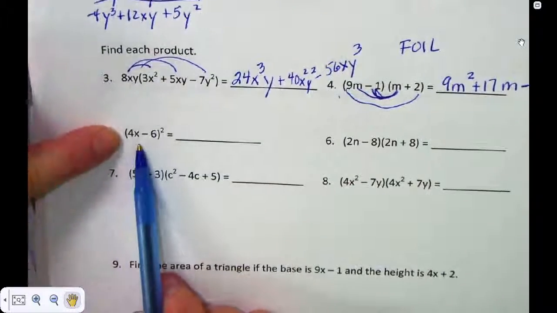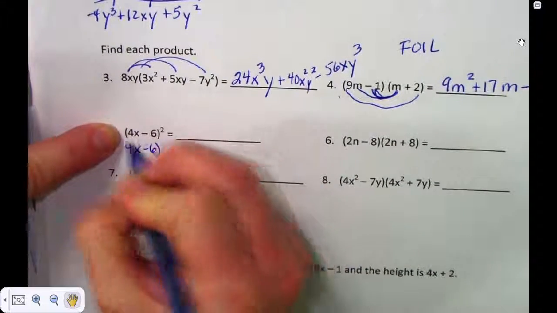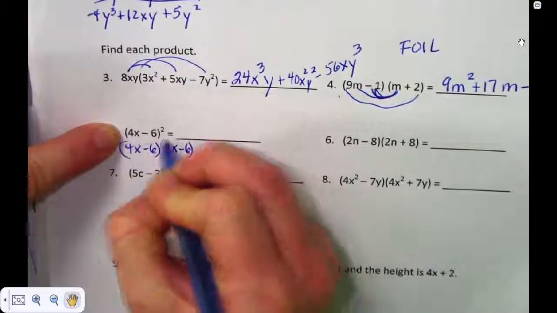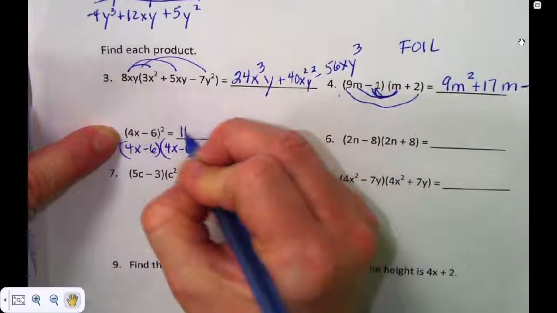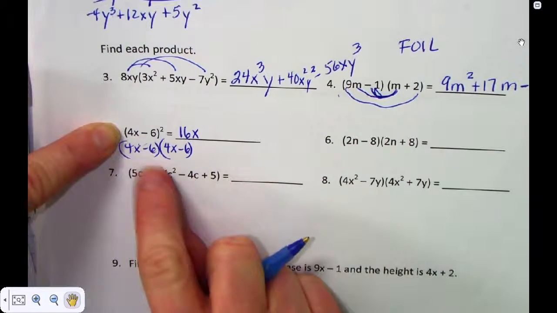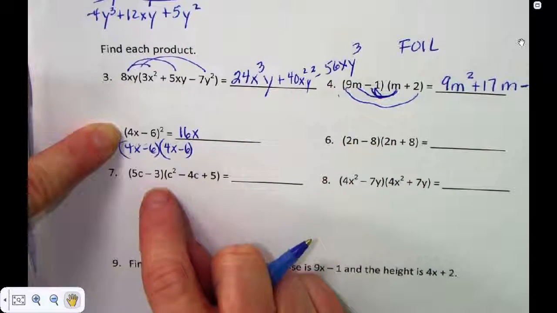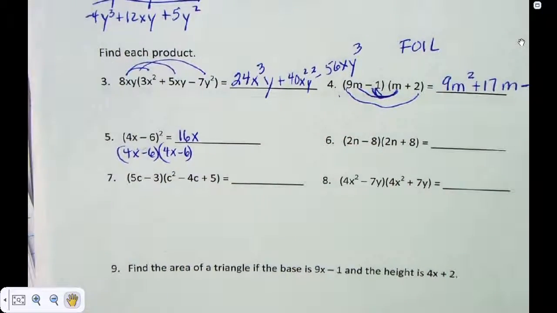On this one, you could set it up like this and do the full, or you can do the trick we learned. Who remembers who uses the trick? I just want to know. A few people? Remember? Well, if I have to tell you the trick, you don't use it. Okay.